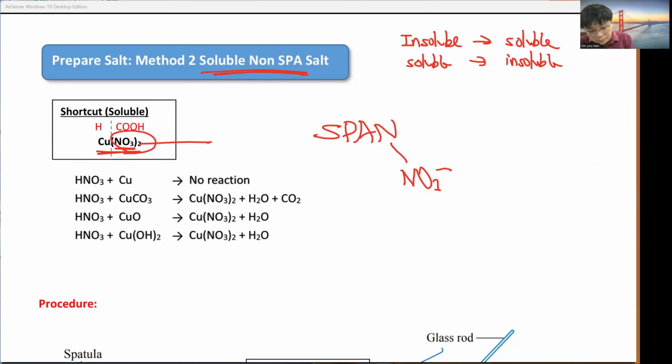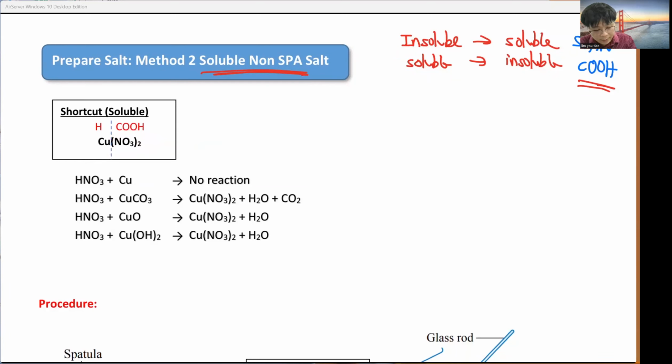So whatever has nitrate will be soluble. So this is what we do. Soluble, we use nitrate. Insoluble, we use oxide, carbonate, hydroxide. We know that oxide, carbonate, and hydroxide are not soluble, so we prepare using this part. You can see how I create this one. I will pair them with copper.